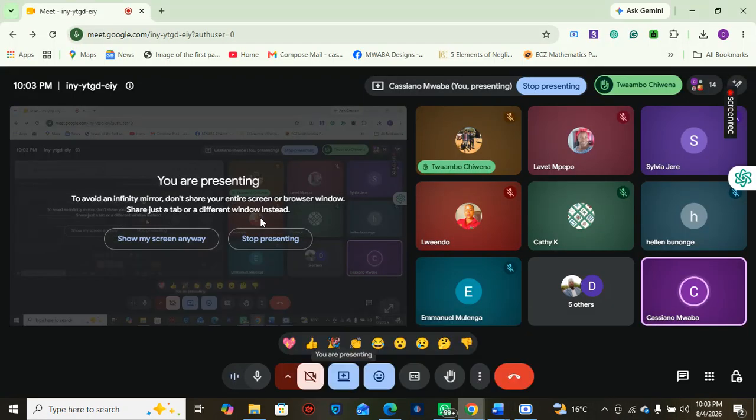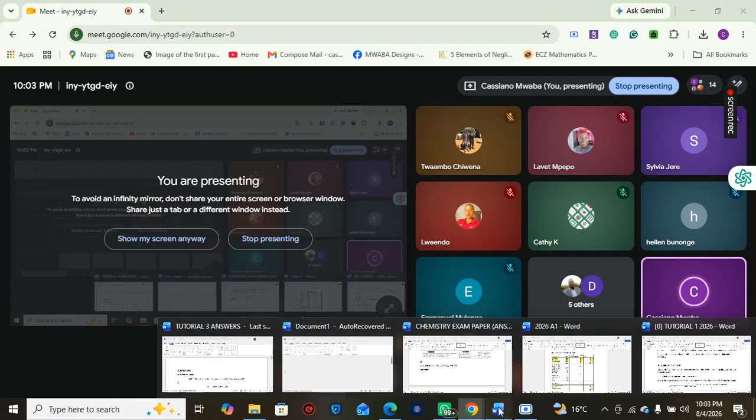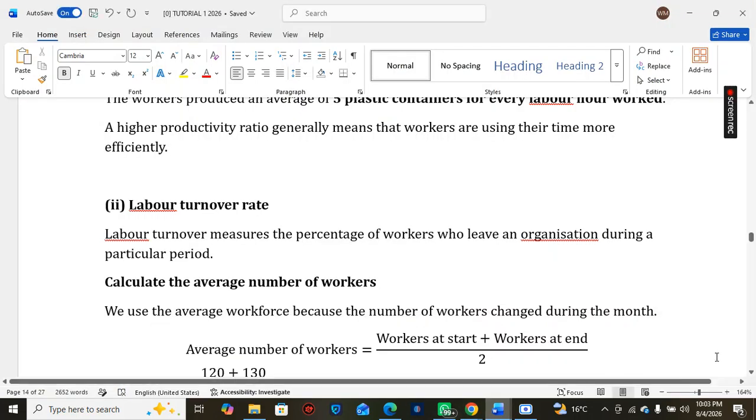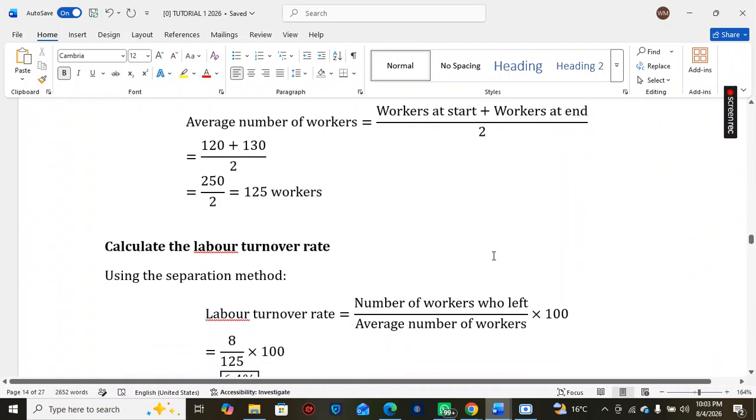If your job has bad working conditions, bad management, bad leaders, you have a high labor turnover rate. But if the job is a wonderful job, they are giving you the best treatment and everything, you have a low turnover rate.